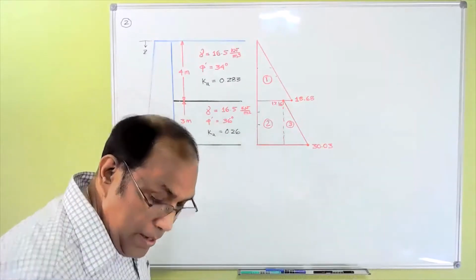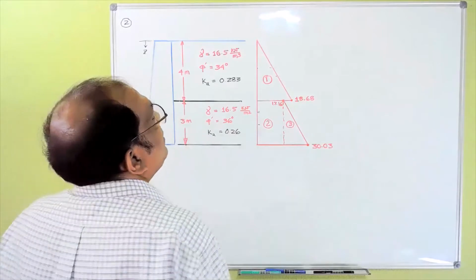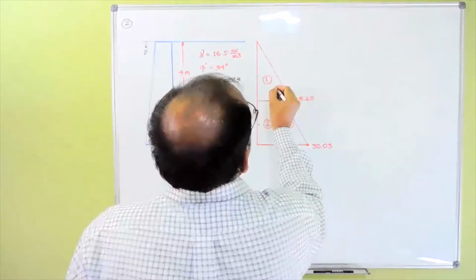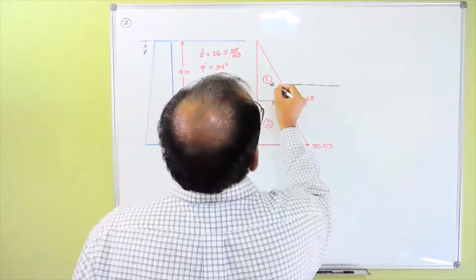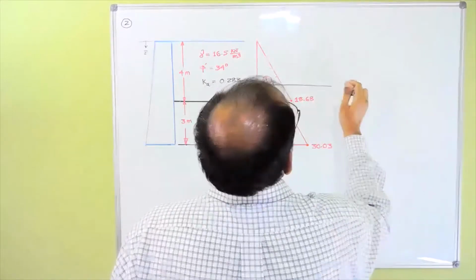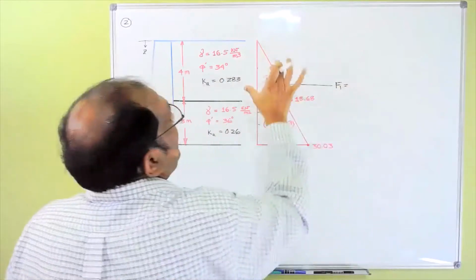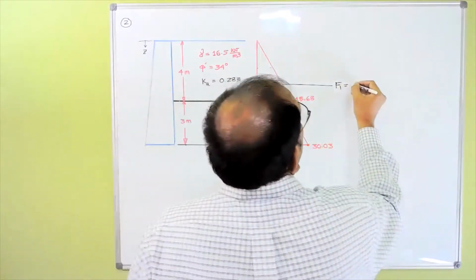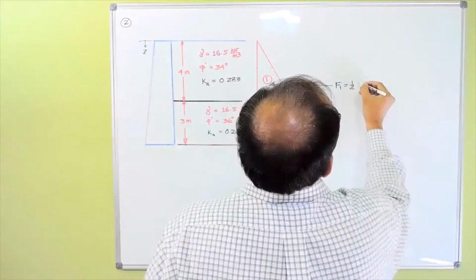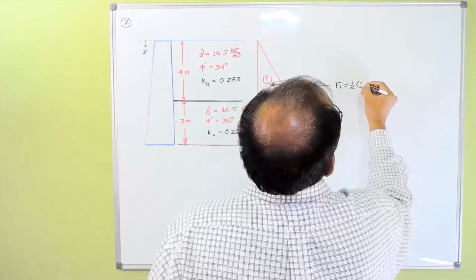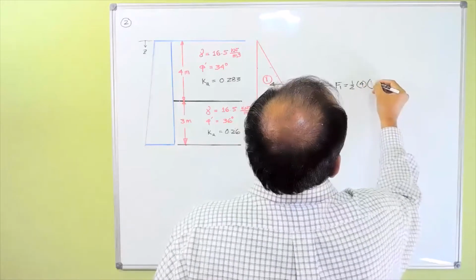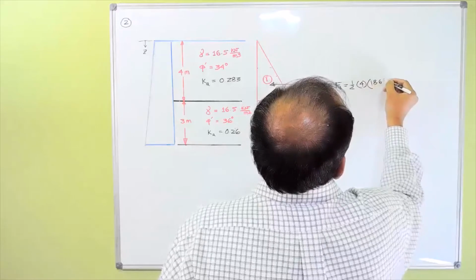Okay, so for area 1, my force is working here. Let's say this is F1, which would be half into this, right? So half into 4 into 18.68.